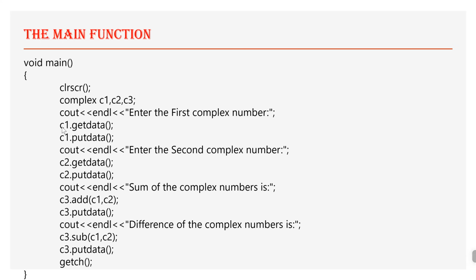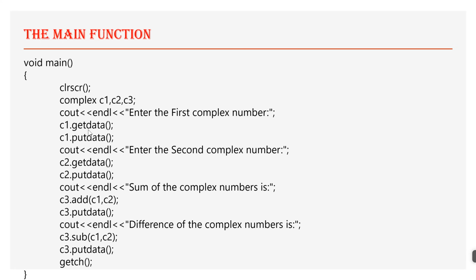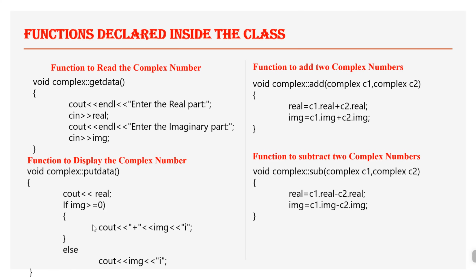The moment I write C1 dot get data, the control transfers to this function, wherein it will read a real number, let us say 6, and an imaginary number, let us say 4. So C1 will be 6 plus 4i. Then C1 dot put data. So you will get 6 plus 4i as C1, because this function is executed for C1.